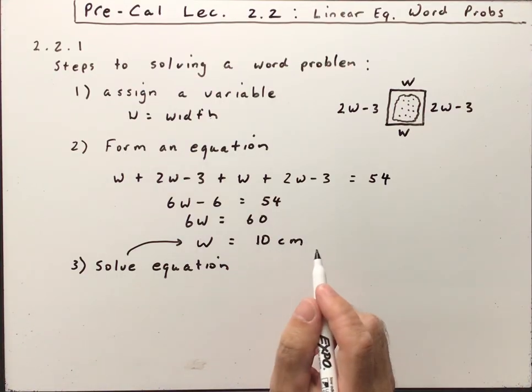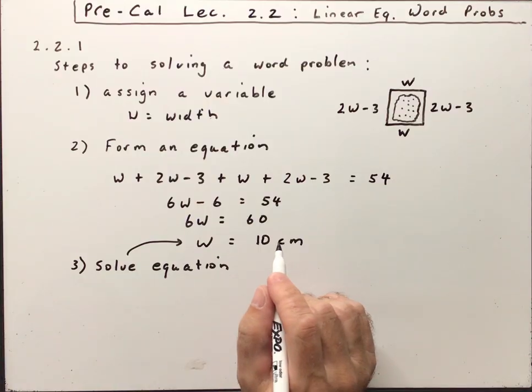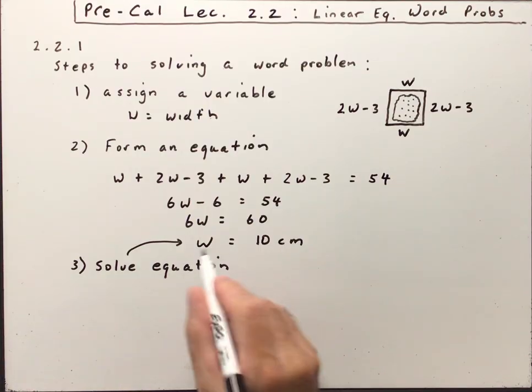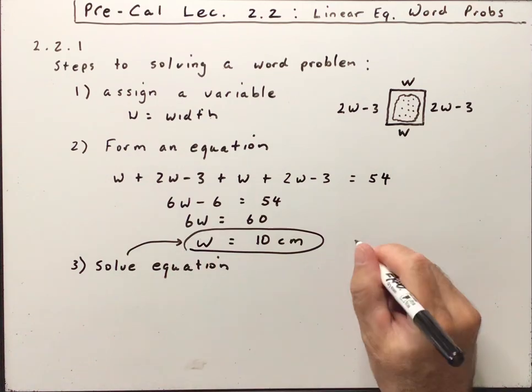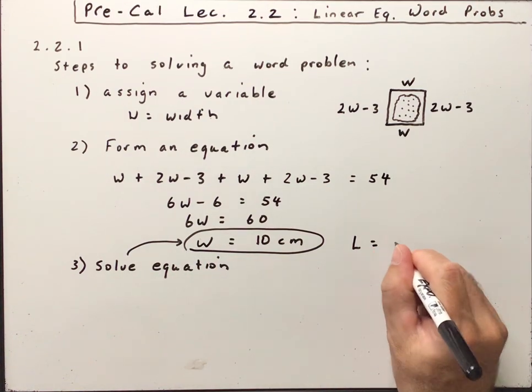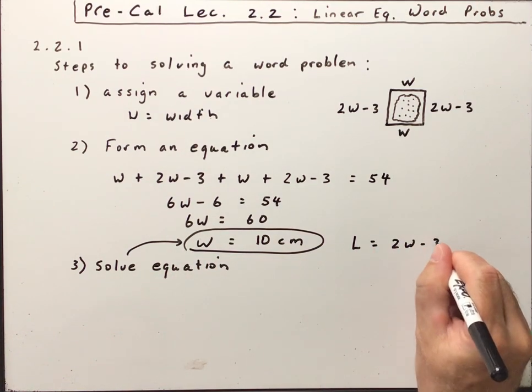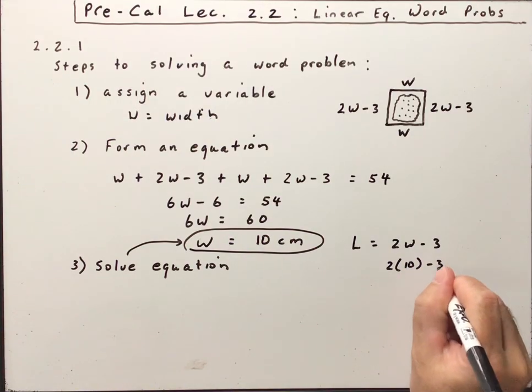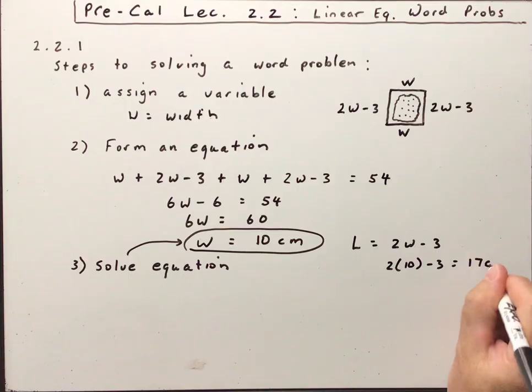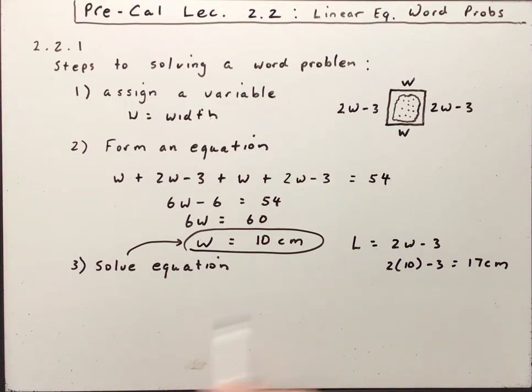All right, and could we get the length? It asked for what is its width, but we could also get the length. We know that the length is 2W minus 3, so that's 2 times 10 minus 3, which would be 17 centimeters. It didn't ask for that, but if it did, easy to plug back in and get it.